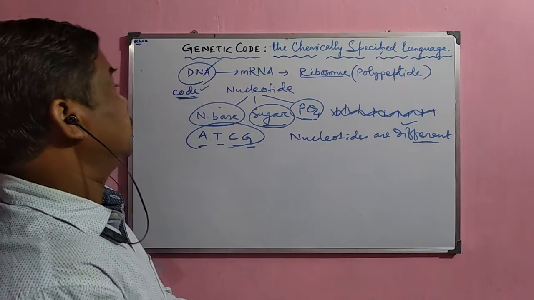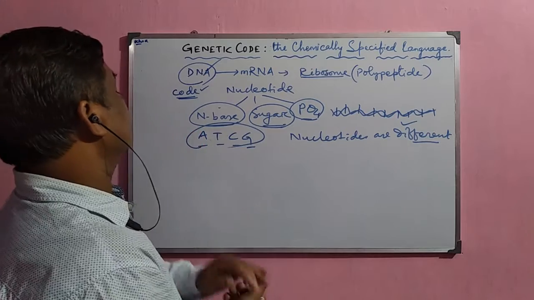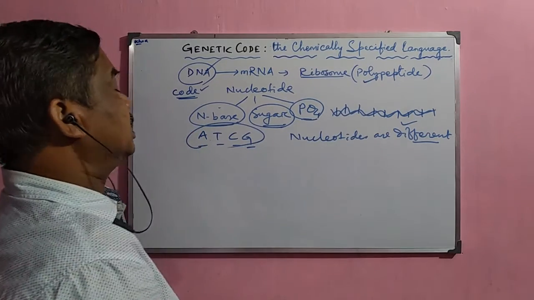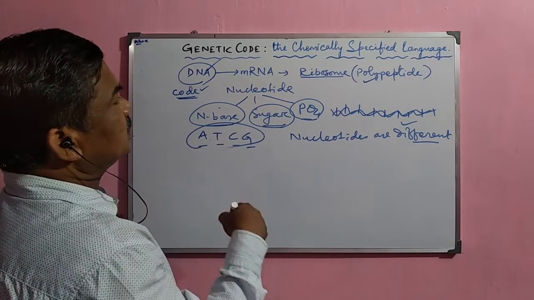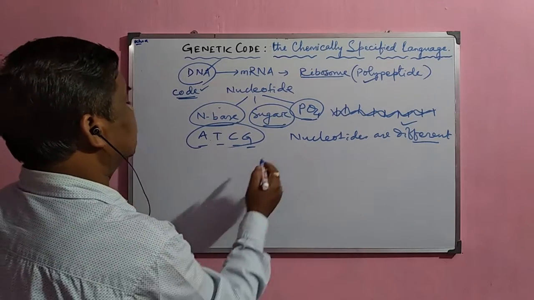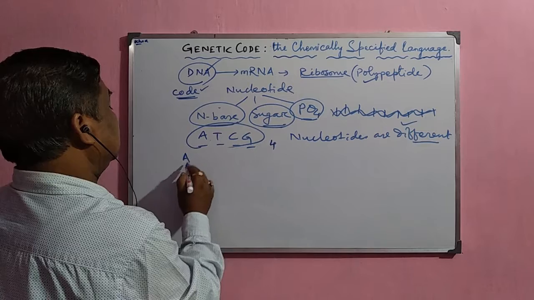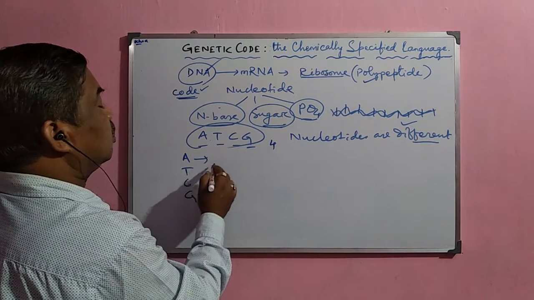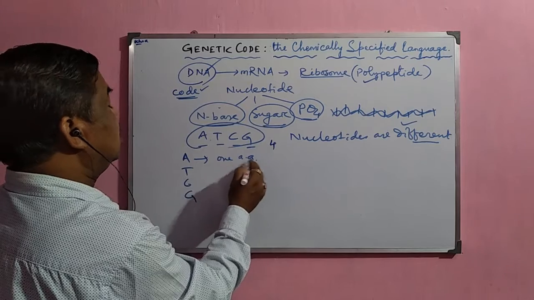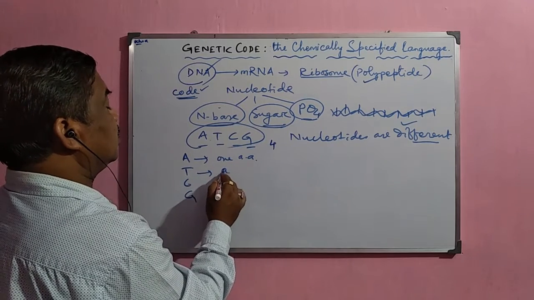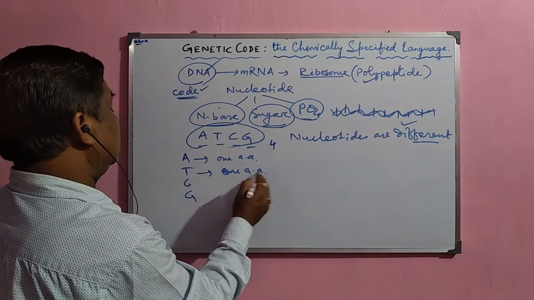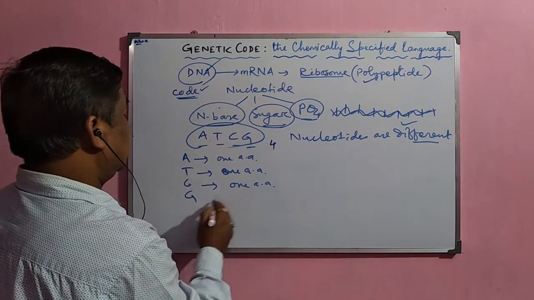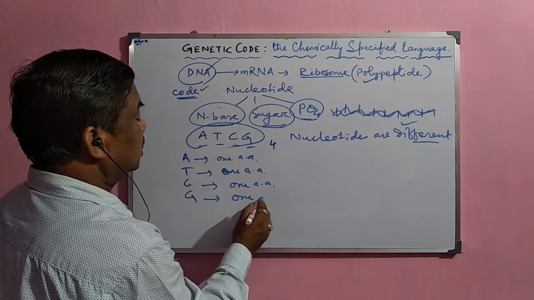Now, if only one nitrogenous base codes for one amino acid, then how many amino acids can be coded? Only 4 amino acids can be coded. That is A, T, C, and G. A will code for one amino acid, T for another, C for another, and G for another.